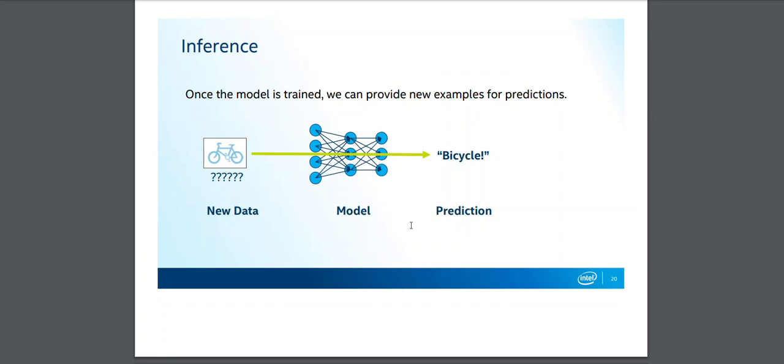Inference and predictions, they're not the same. Once a model is trained, we can provide new examples for predictions. I can predict what it's going to be. I don't know if it's a bicycle, but let me run it through. I think it's going to be a bicycle.